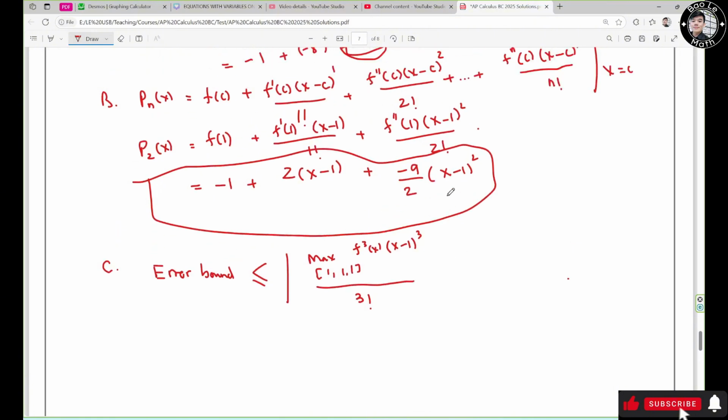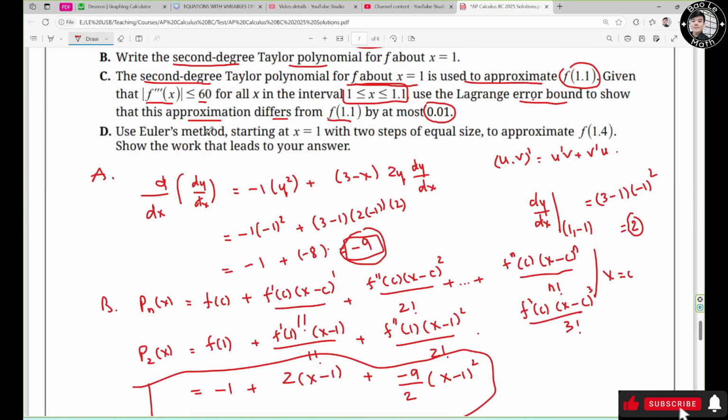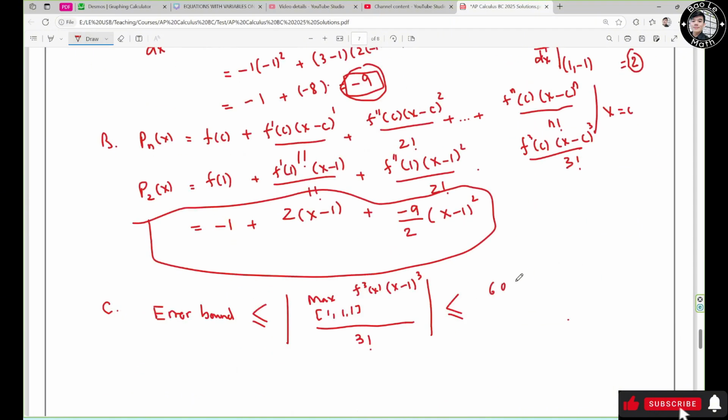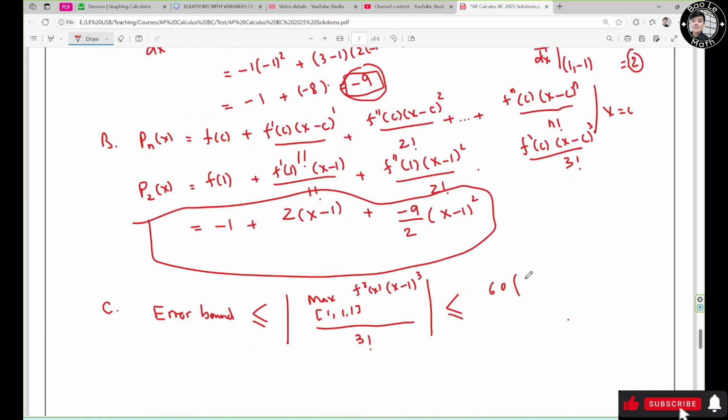Which means we're going to take f triple prime of c times (s minus c) to the power of 3 over 3 factorial right here. And this is less than or equal to 60, right? So we have 60 times s equals 1.1, so it's going to be (1.1 minus 1) to the power of 3 over 3 factorial.